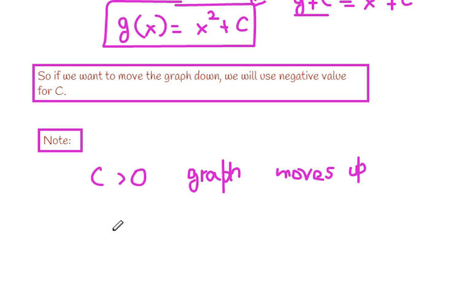But on the other hand, if c is less than 0, graph moves down.